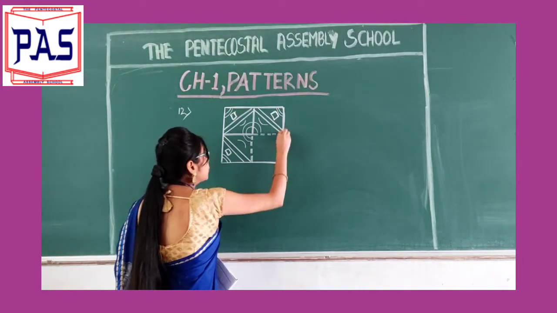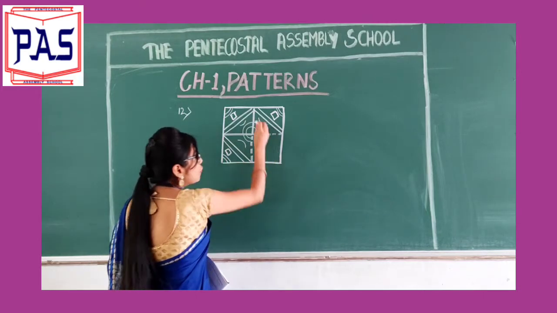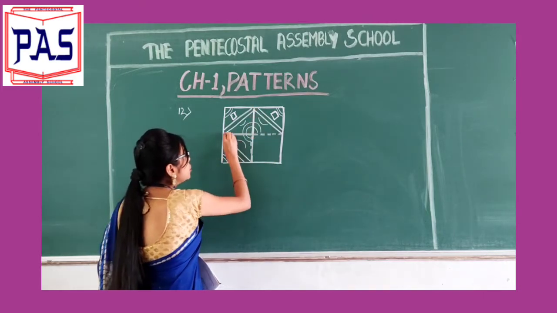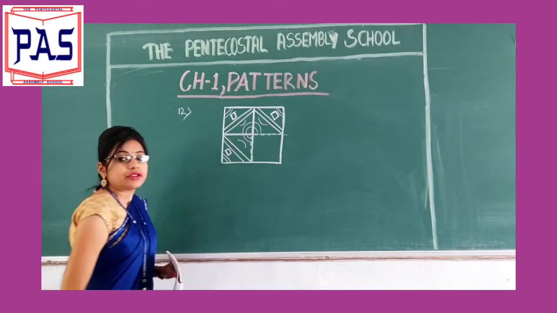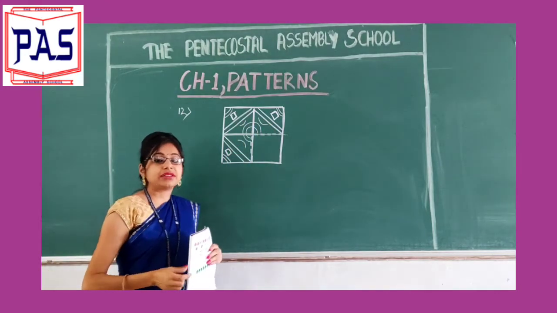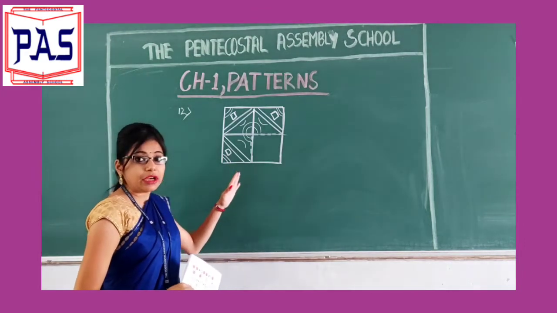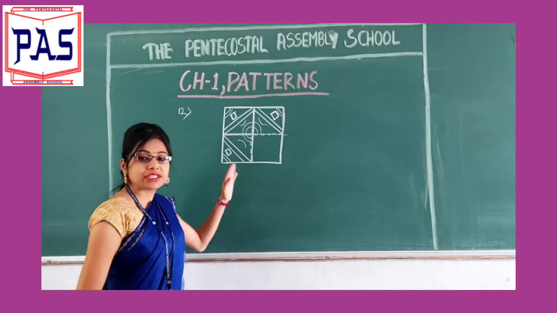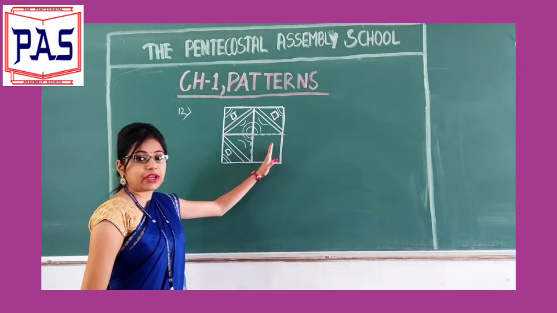This is a big square in which there are 4 small squares, and in each square there is a certain design or pattern which is being followed. So we have to follow the same pattern to complete this figure.